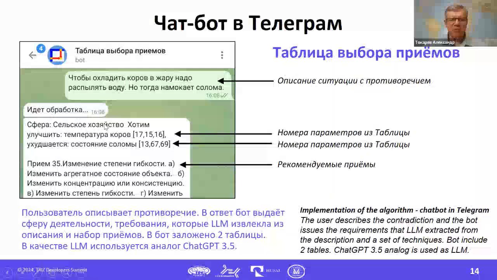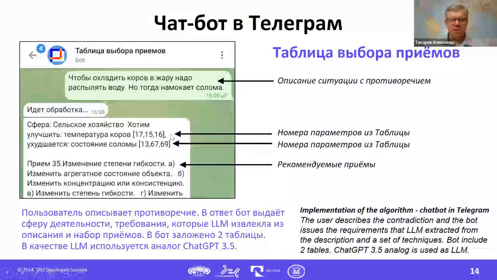At first the bot defines this sphere, then what we want to improve, the temperature of cows, and what worsens, the condition of the straw. In square brackets we have those parameters which were selected from the table by the bot, so you can check which ones it selected.